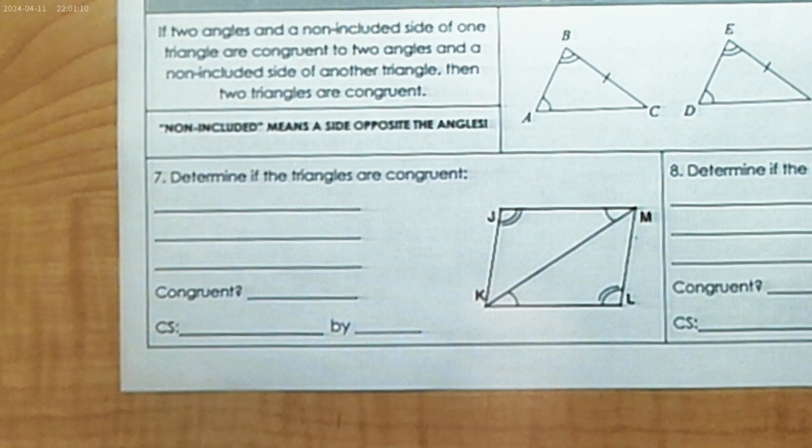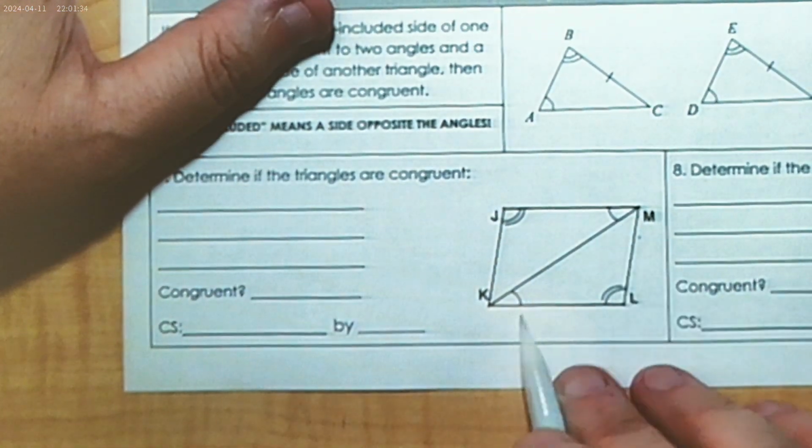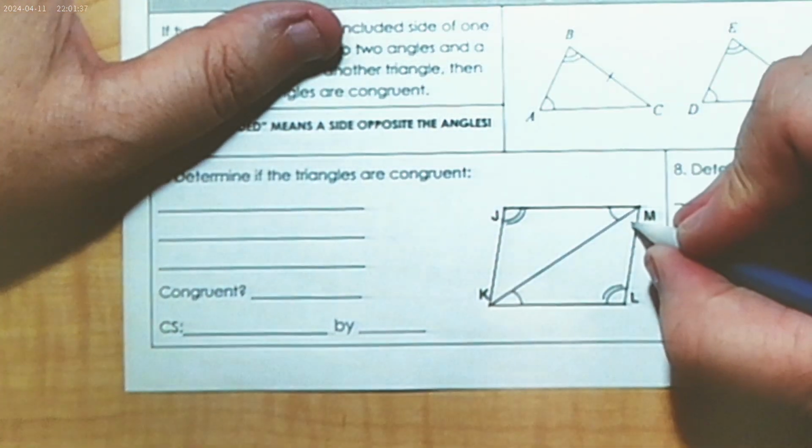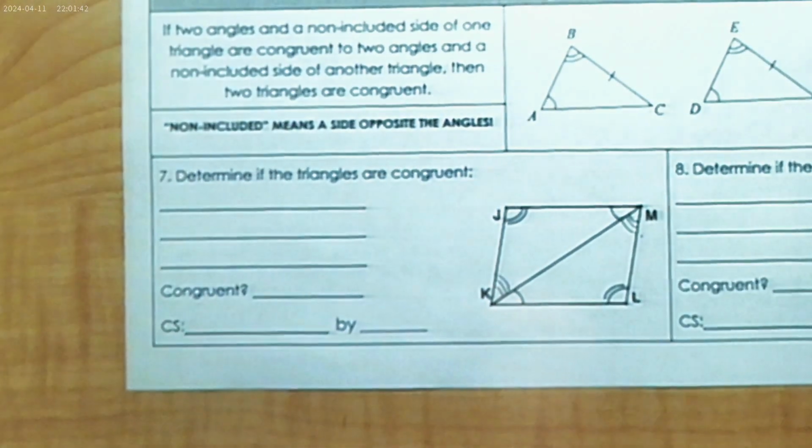All right, so we're going to determine if the triangles are congruent. I've got two angles and a shared side. This is a good example of a problem where you're just given two angles, and technically you're given all three, right? Because I've got the first one, which is angle M, the second one, angle J, and I know that this third one is also equal to this.